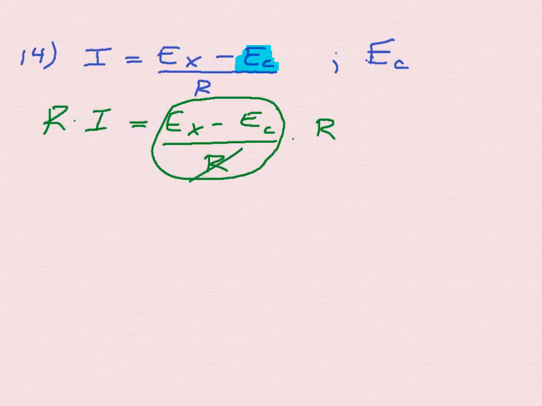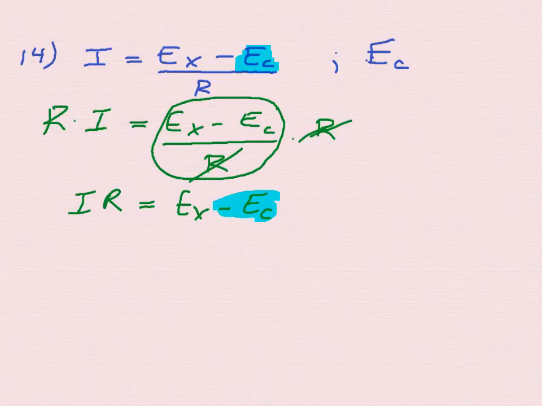Now the r's can cancel. Now I'm left with a much more simplified equation. I times r, or r times I, is going to equal EX minus EC. Now EC, you'll note, is negative, for subtract or minus or however you want to think of it. Got to get that by itself.